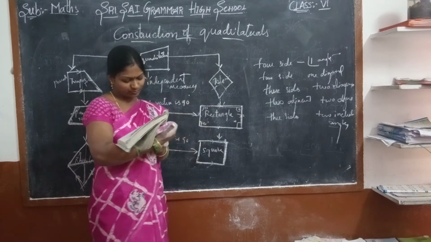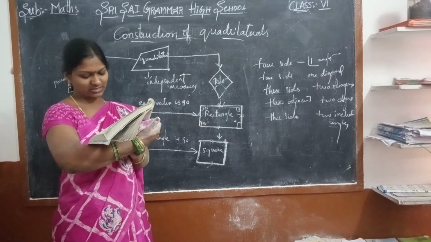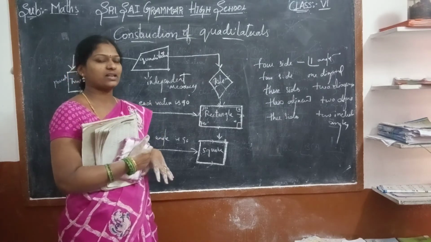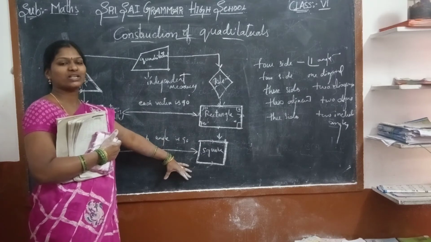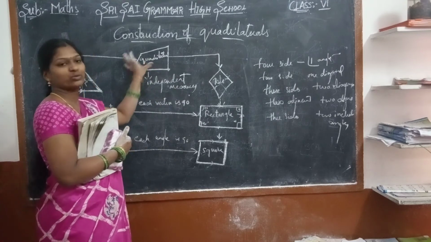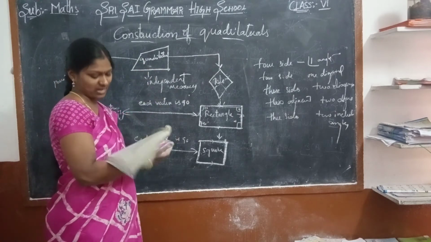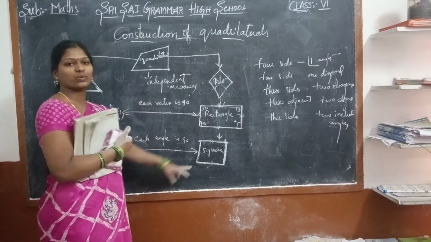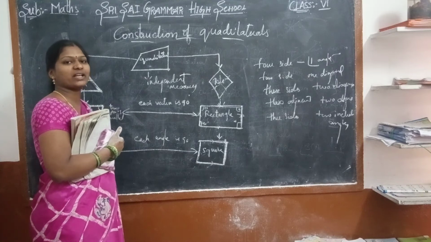Now, there are two special quadrilaterals, namely rhombus and square, that can be constructed when the two diagonals are given. These are the specially constructed ones.